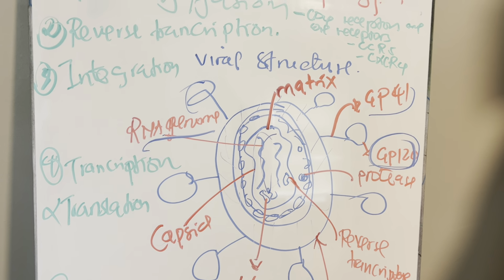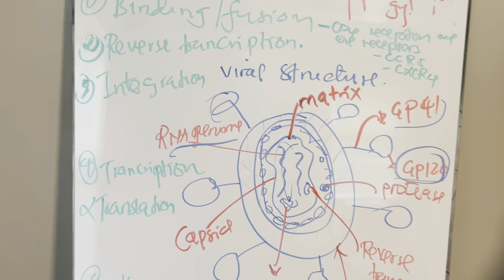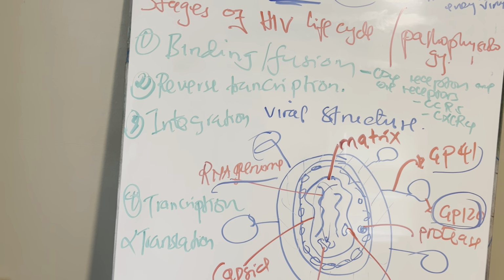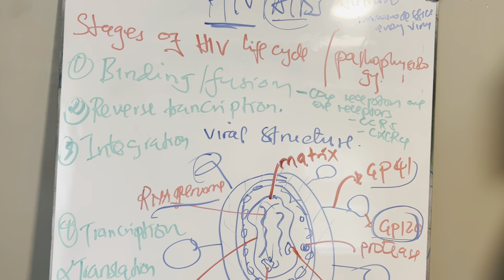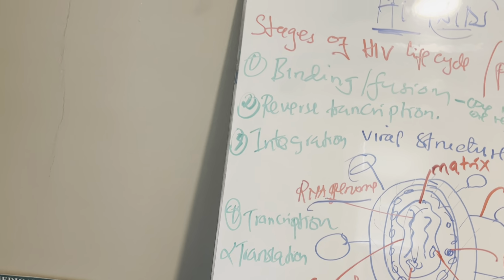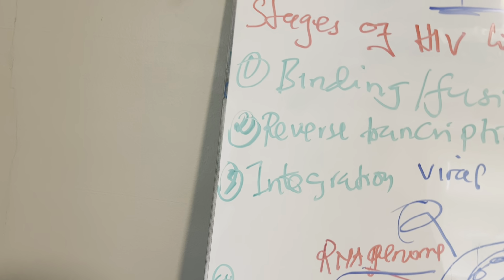So what are the stages involved in HIV transmission or pathophysiology? How does HIV get into the body and establish an infection? The first stage we call binding.